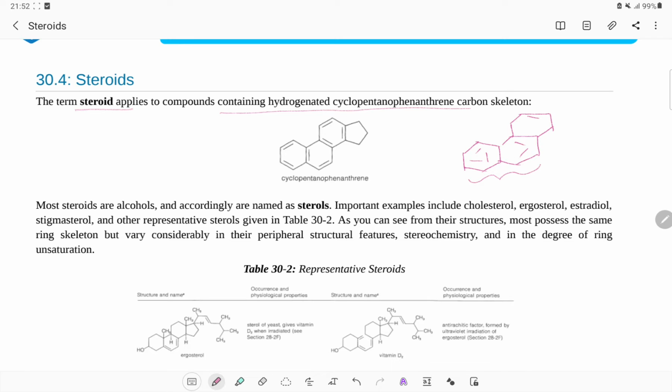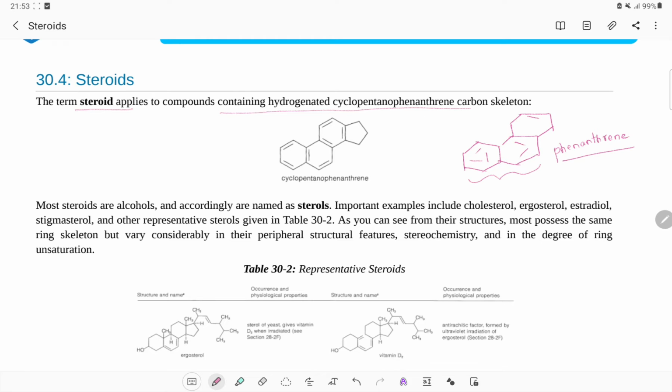This particular structure is naphthalene, and when there is another ring system, then we call it the phenanthrene system. Based on this phenanthrene system, we will be categorizing it under a system called the cyclopentano-phenanthrene system.